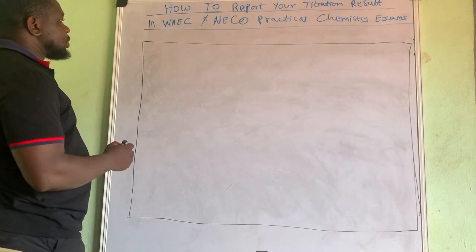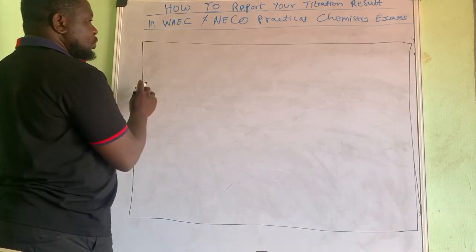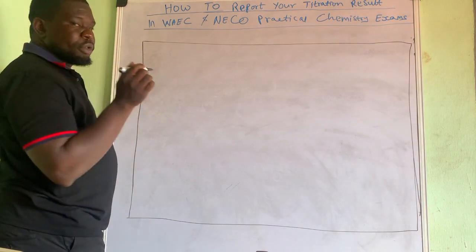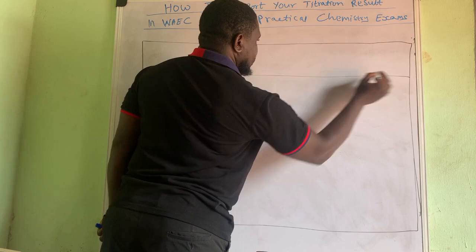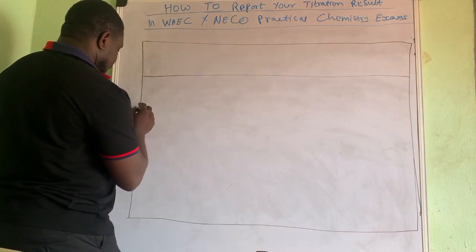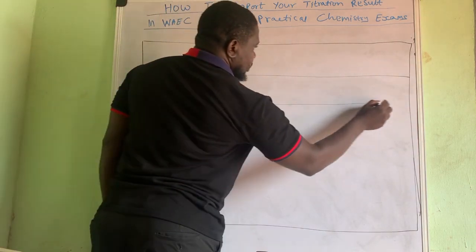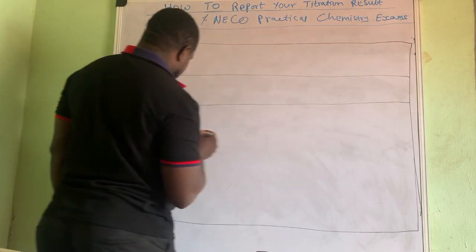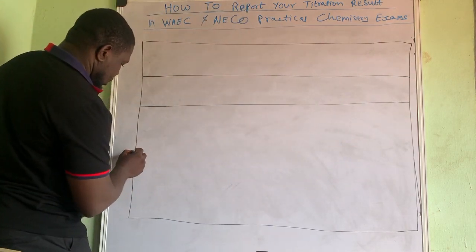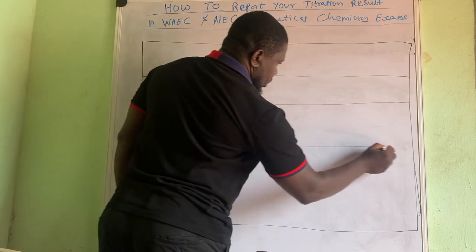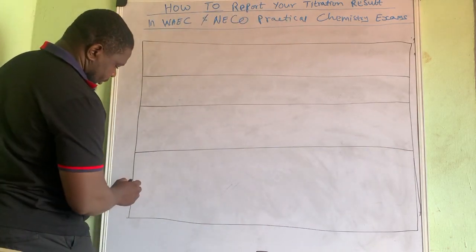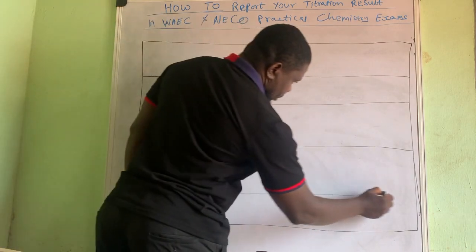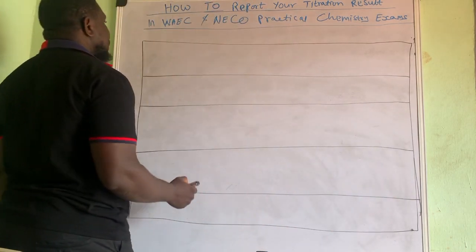You draw the table this way, then you demarcate it into about 4 different places: first one, then second one, then third, and then fourth.